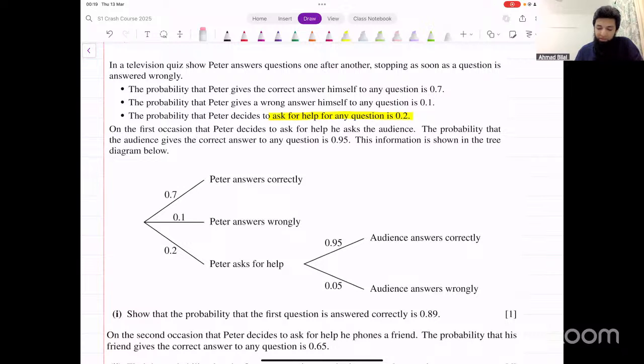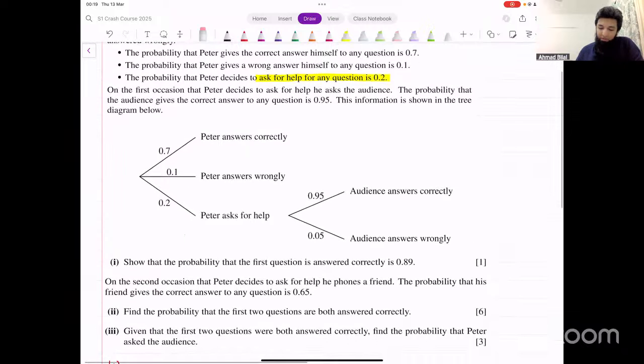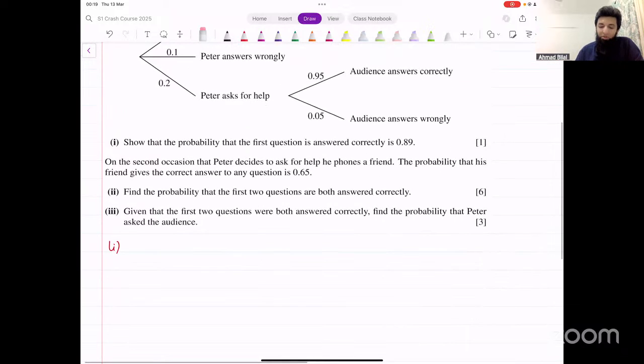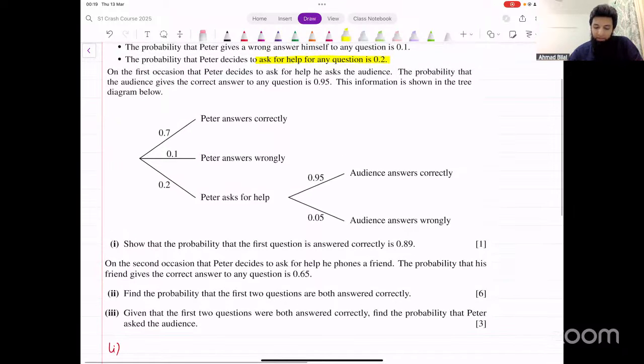The information is shown in the tree diagram below. You can see that here. Show that the probability that the first question is answered correctly is 0.89. So you have the tree diagram given in the first part already. What's the probability that he answers the first question correctly? Now, the first question can be answered correctly two ways.